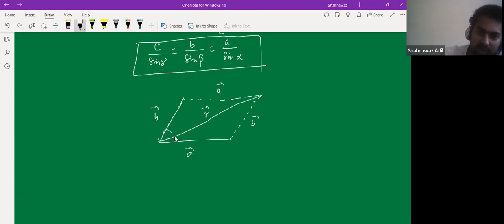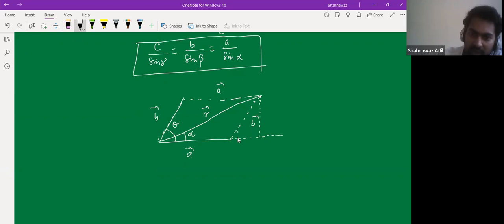And the angle between A and B was theta. And the angle between A and the resultant is alpha. Okay. So what we will do is that we will extend this line and we'll draw a perpendicular.